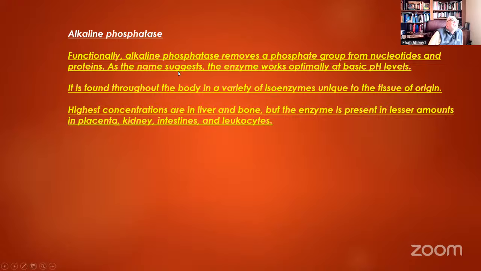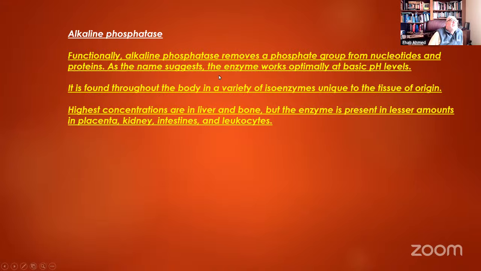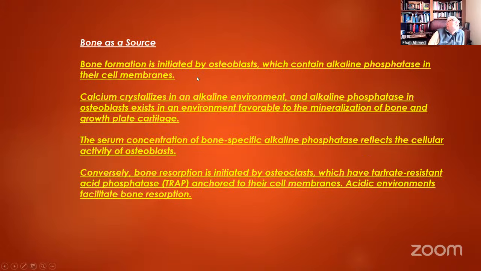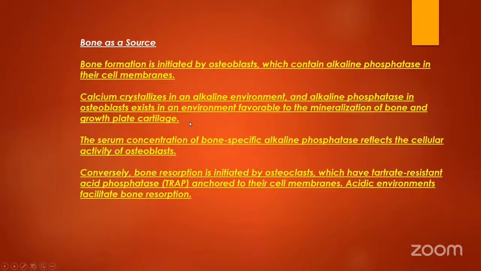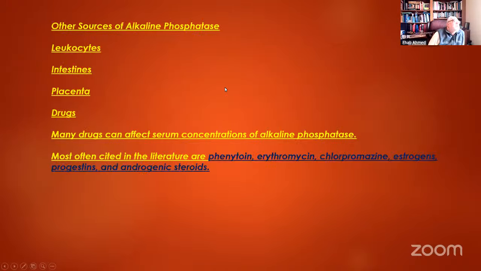We mentioned it's mostly hypophosphatasia, transient hypophosphatasemia of infancy, and if the baby is on certain drugs, if there is rickets or osteopenias. Okay, these are the main causes. So bone is one of the major sources of alkaline phosphatase. And these are the details of the organic chemistry.